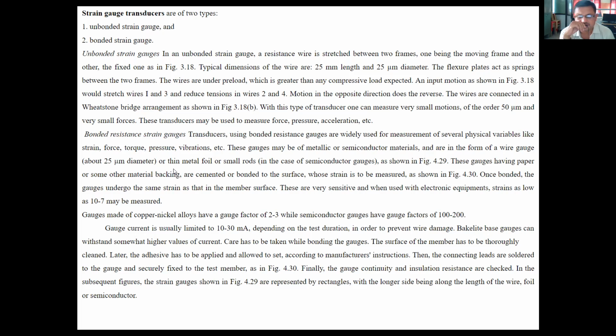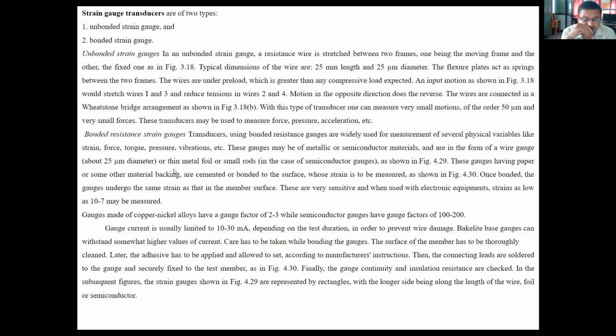These are very sensitive, and when used with electronic equipment, strains as low as 10 to the power of minus 7 may be measured. Gauges made of copper nickel alloys have a gauge factor of 2 to 3, while semiconductor gauges have gauge factors of 100 to 200.